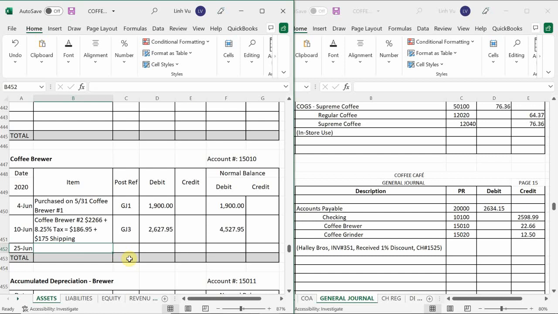And I'm going to go ahead and say received 1% discount on coffee brewer number 2, because this is the second one that we bought. Okay. Which, you know, it was a total of, what it originally cost me, was $2,266. Okay.